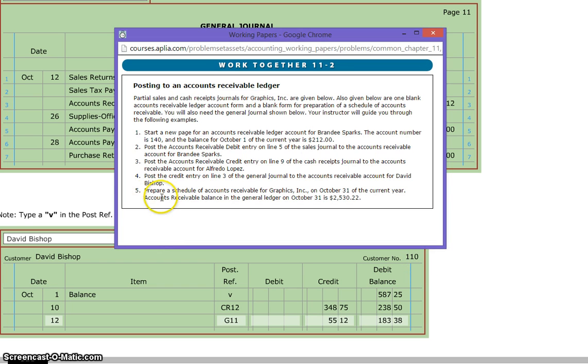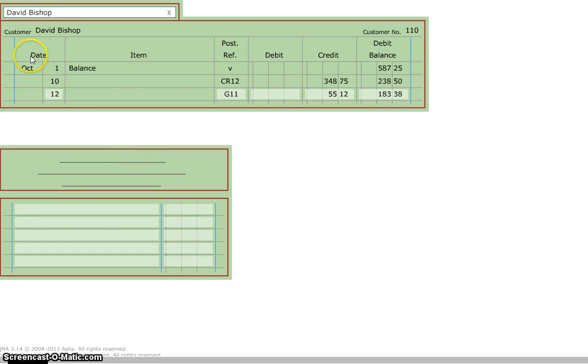Instruction 5, our last instruction, prepare a schedule of accounts receivable for Graphics Incorporated on October 31st of the current year. The accounts receivable balance in the general ledger should be $2,530.22. So just like we did before, we're going to take all the running balances now for all of these accounts and plug them in for our schedule of accounts receivable.